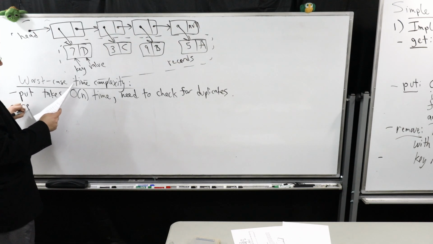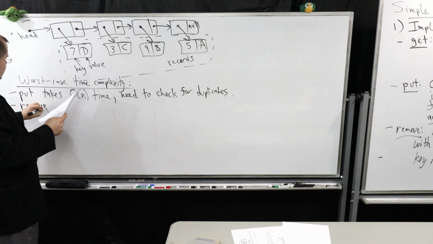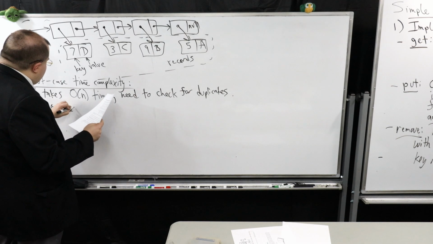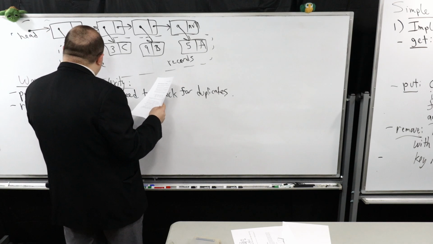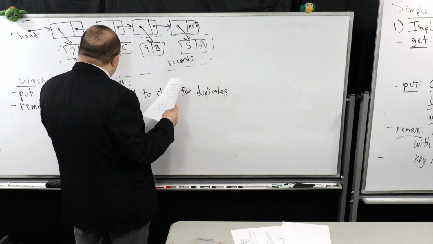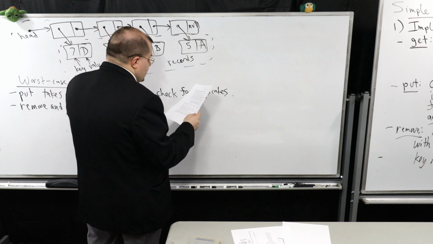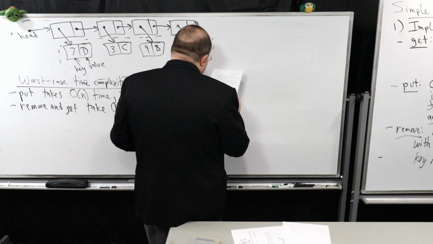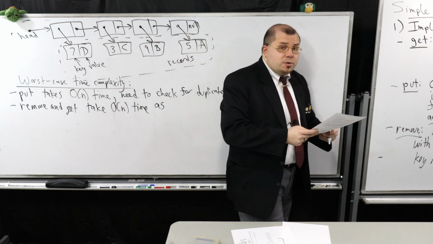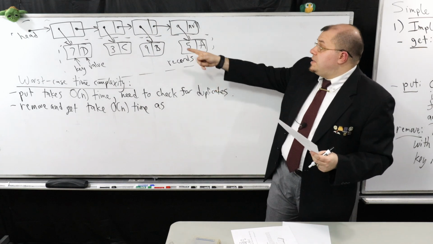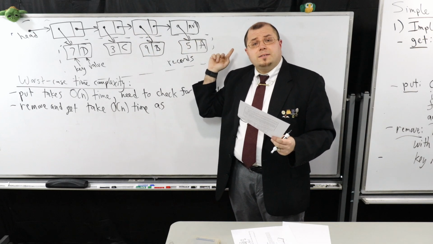Now, remove and get, these both take big O of n time as well. Think about it. In the worst case scenario, to do a get operation requires me to traverse through the entire linked list, right?